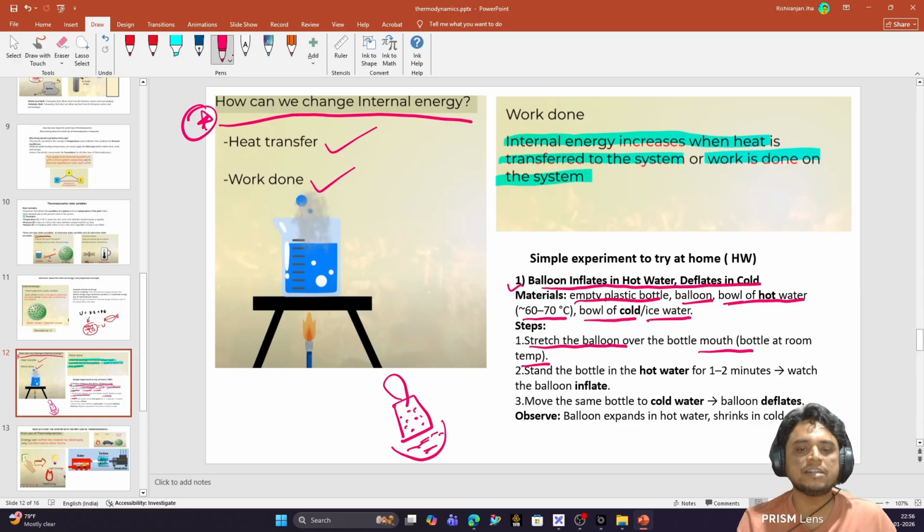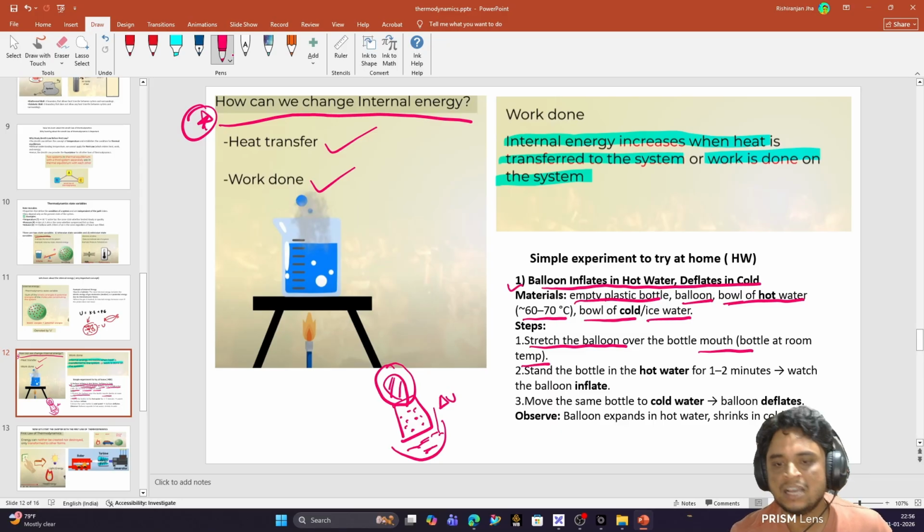They gain internal energy, and as they gain internal energy, the balloon expands. In simple words, because of the hot water, the internal energy of the gas has increased, which caused the balloon to inflate.